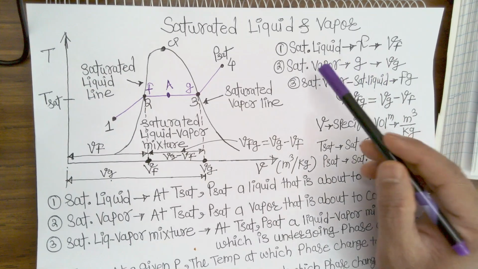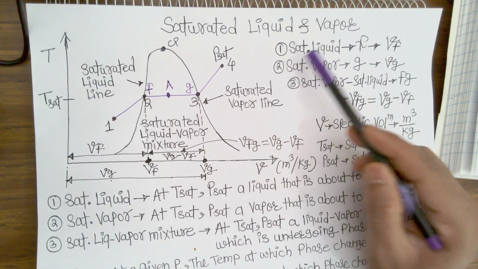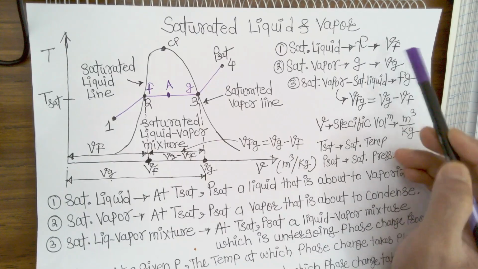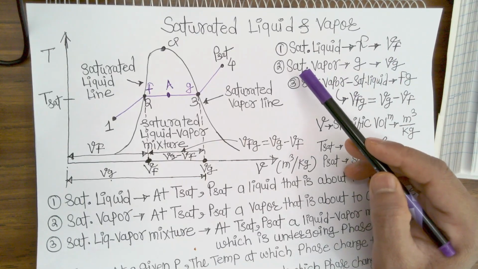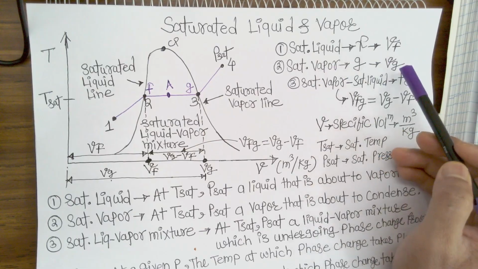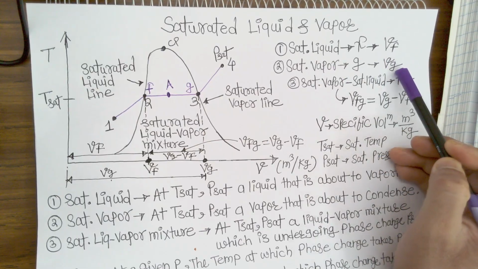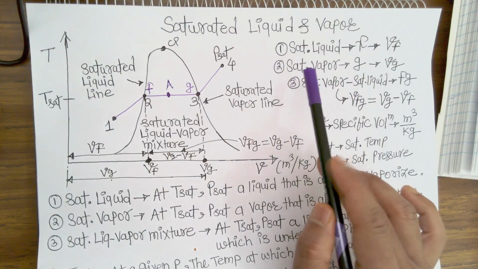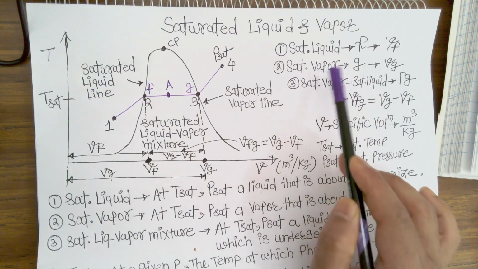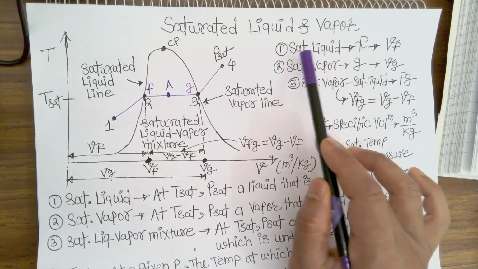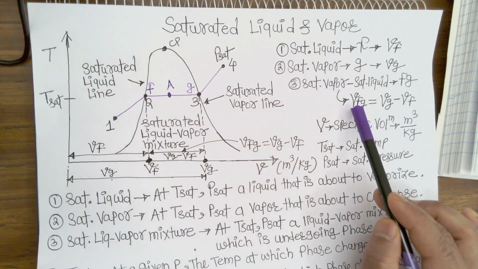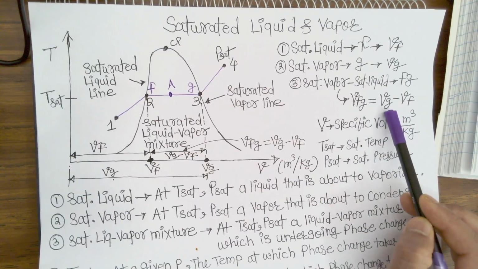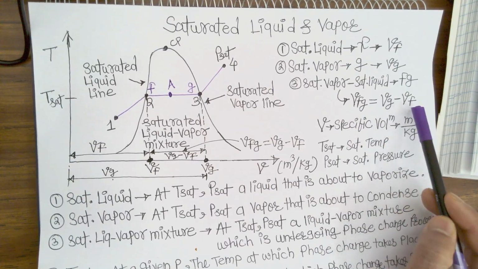So now if I want to write specific volume of saturated liquid, I will write small vf. Specific volume of saturated vapor, I will write small vg. If I want to write the difference between specific volume of saturated vapor and specific volume of saturated liquid, I will write small vfg, which is the difference vg minus vf.